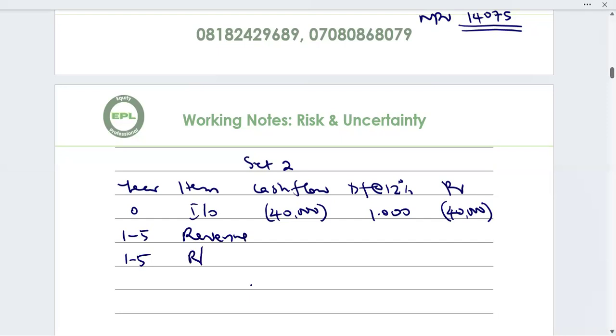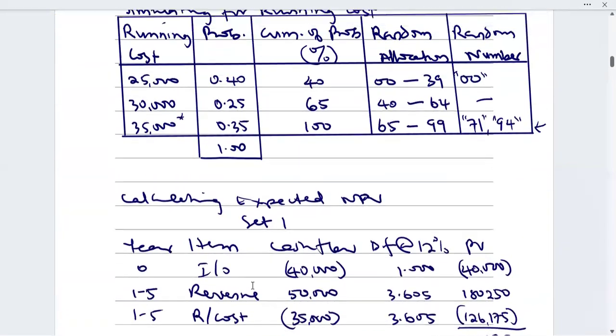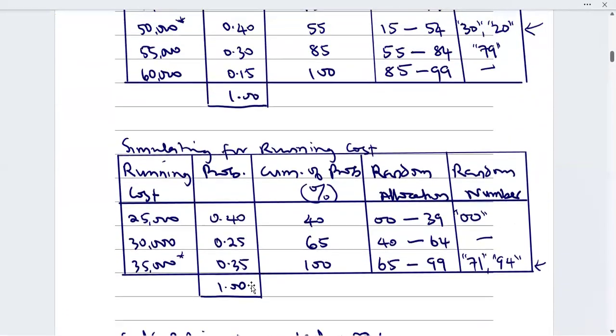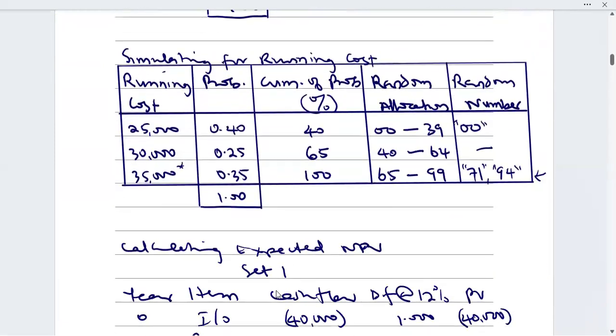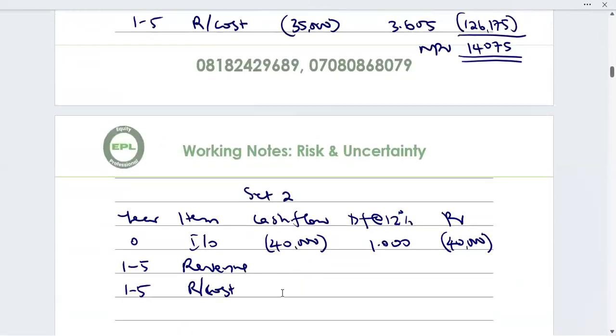The running cost. So for set 2, the random number for revenue is 20. I will then go to my simulation. Where can I find 20? 20 is still at the same place. Therefore, I will select 50,000 naira. Here is 50,000.